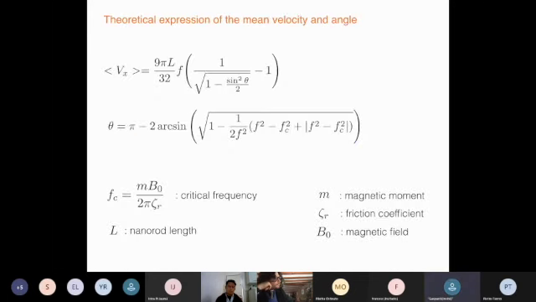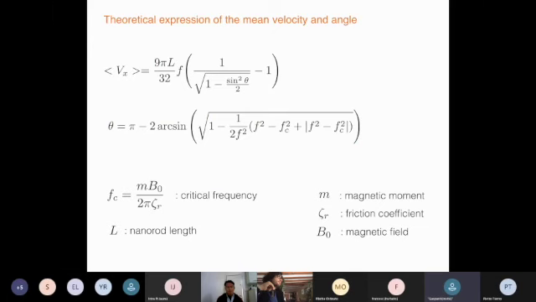Here you can derive analytically the mean velocity in the x direction, which depends on the angle theta, and you can also have an expression for this angle theta. This angle depends on the critical frequency, which is the same critical frequency as in the synchronous to asynchronous regime, the magnetic moment times the amplitude of the field divided by the friction coefficient.